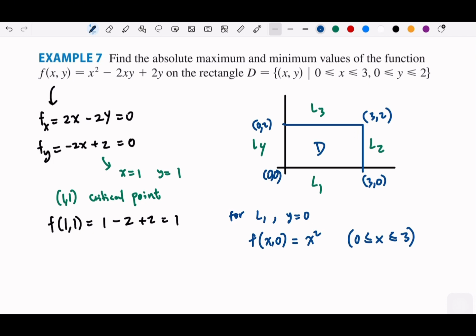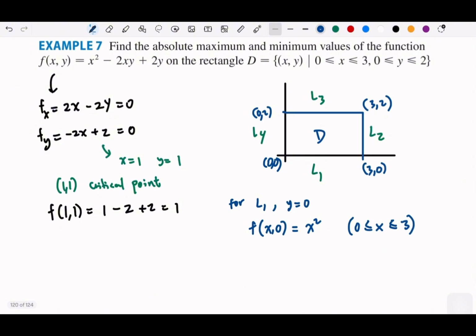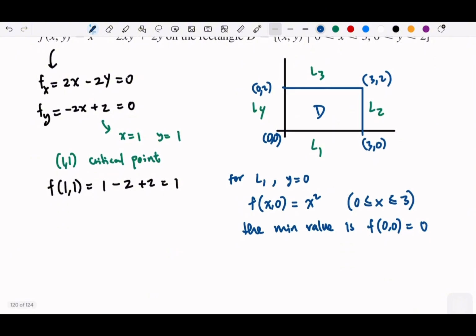So this is an increasing function, and the minimum value is f(0,0), the smallest value on L1, which is 0. The max value is when x equals 3, so f(3,0), which is 9. We're going to evaluate all these segments and check their maximum and minimum.